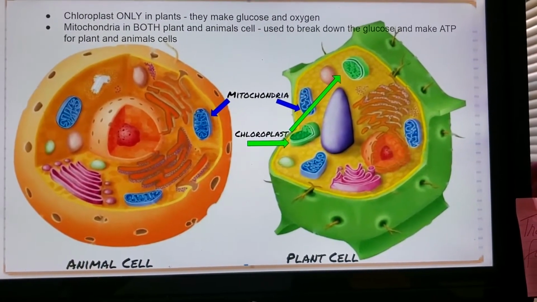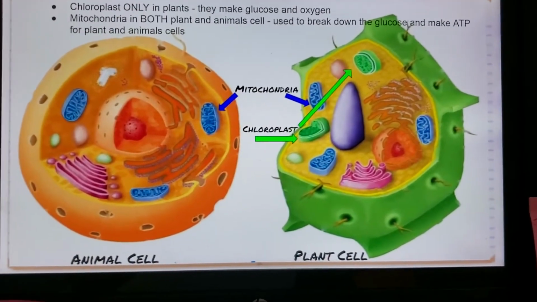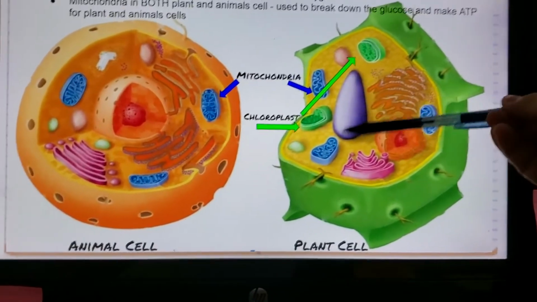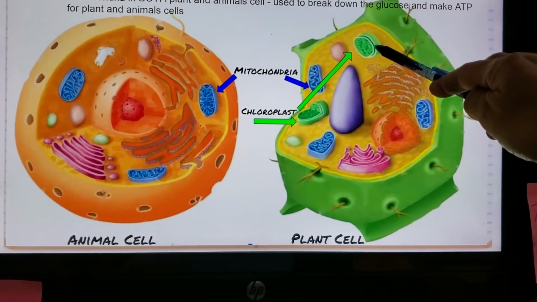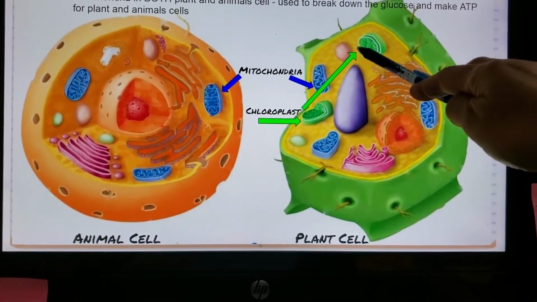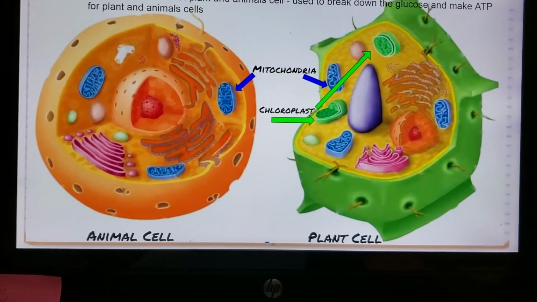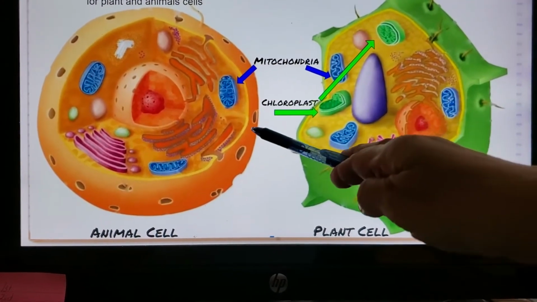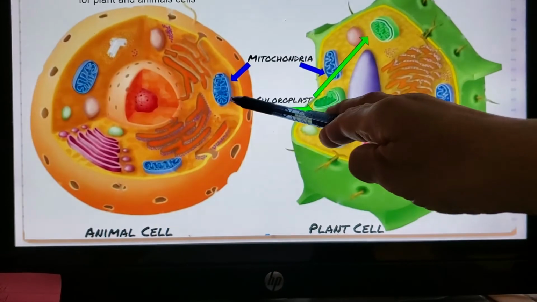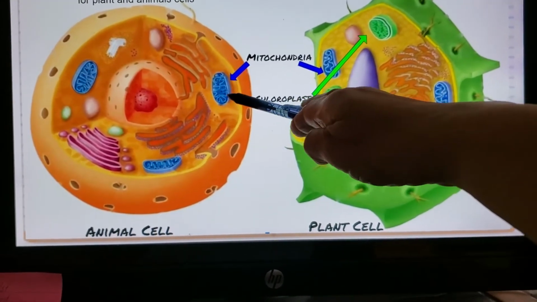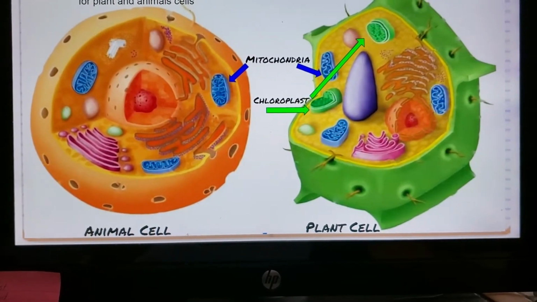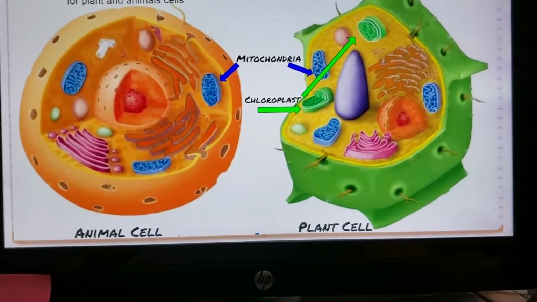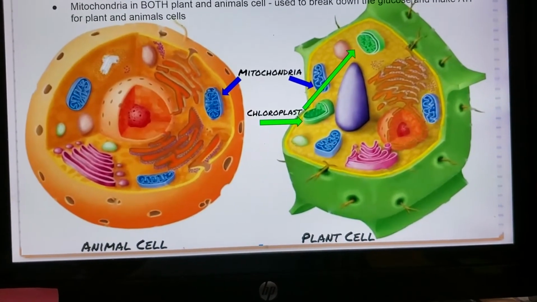In a plant cell, the chloroplasts make the glucose, and then it goes right here to the mitochondria and gets used up. In animal cells, we have to eat the glucose, but it also goes to the mitochondria to get busted up. So we have some things definitely in common there.